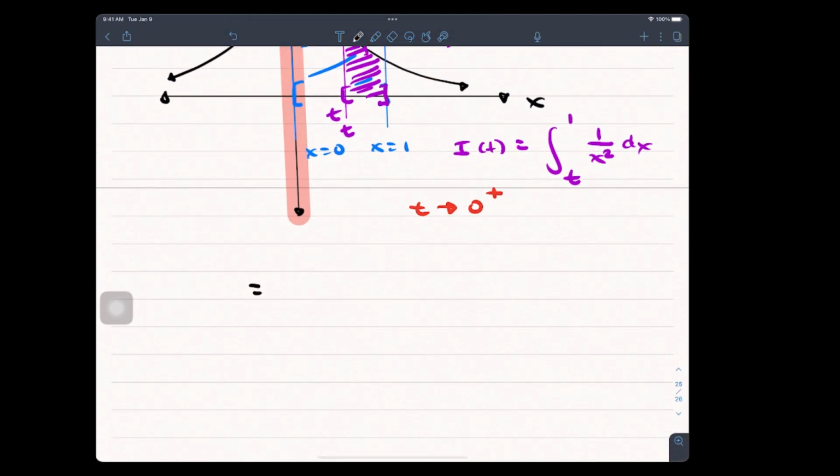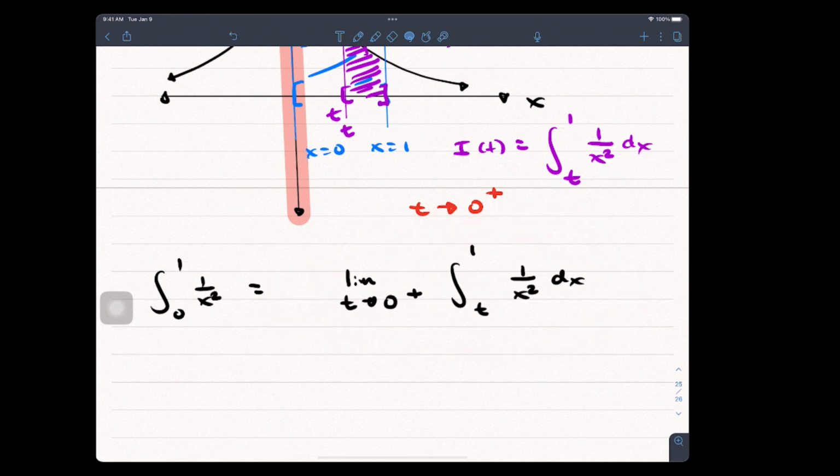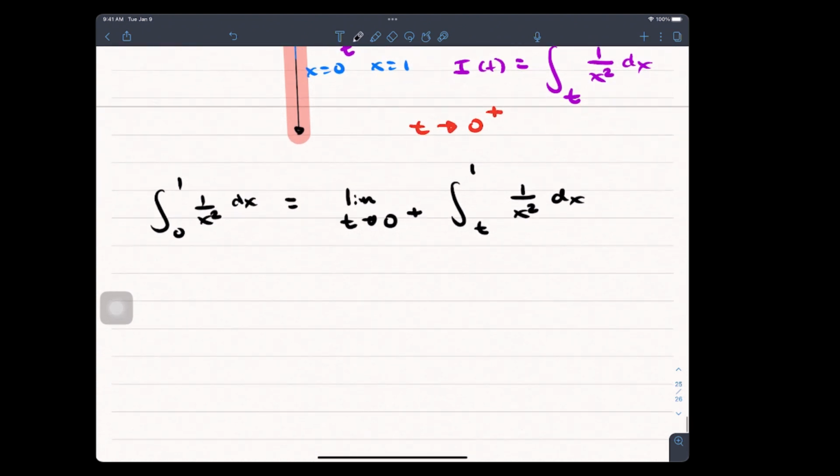That's going to equal the limit as t goes to 0 from the right of the integral from t to 1 of 1 over x squared dx. So that's the work we're going to have to do, just so you guys know.